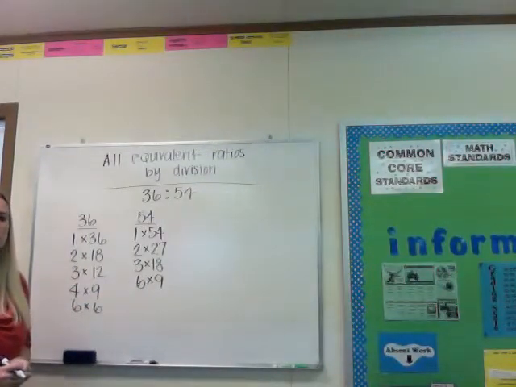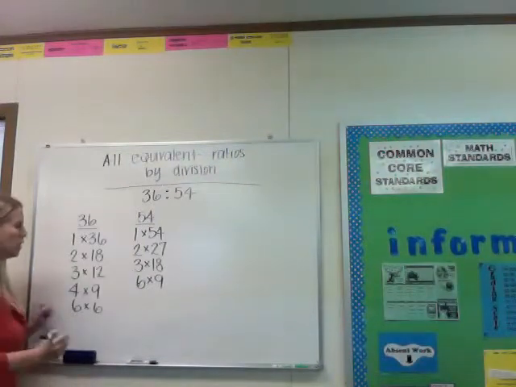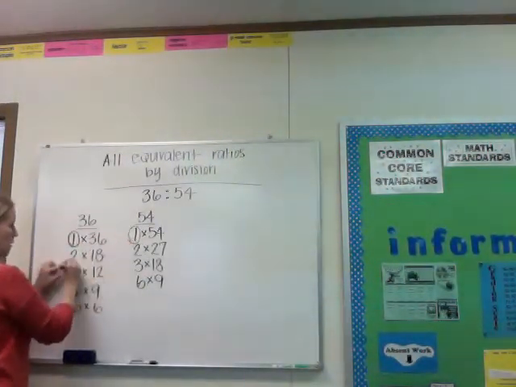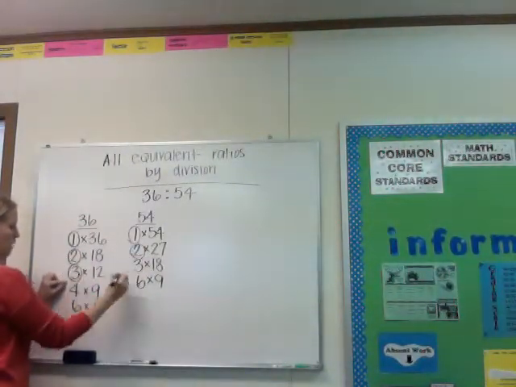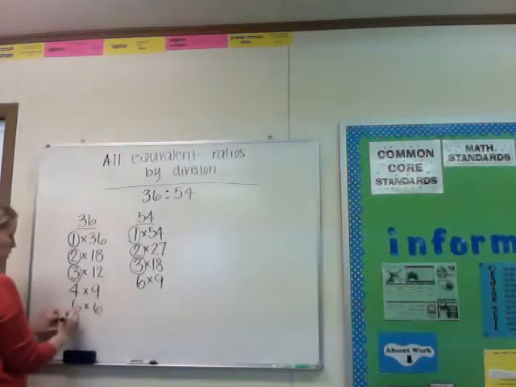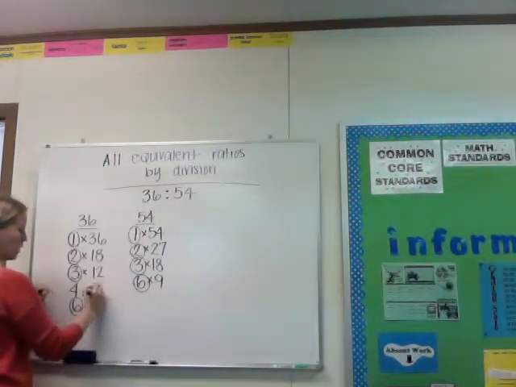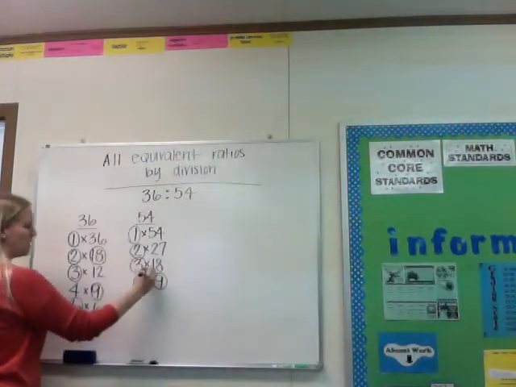So my next step is to circle all the common factors of 36 and 54. So I see they both have a 1, they both have 2, they both have 3, they both have a 6, they both have a 9, and they both have an 18.